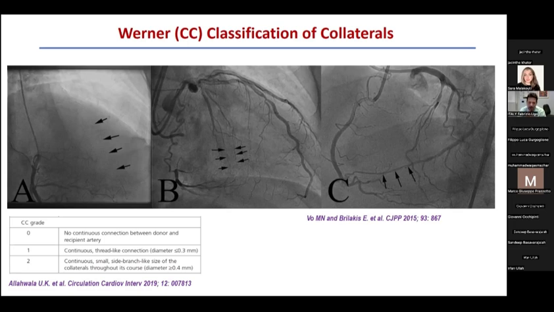Werner grade 2 is a complete and continuous connection by the channel, epicardial or septal depending on the case, with a diameter of 0.4 millimeter or more, with a complete connection of the occluded vessel.